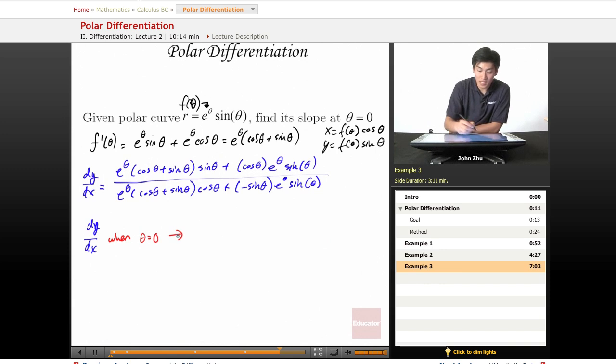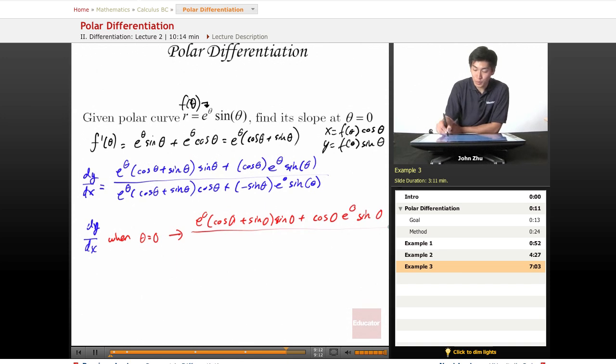So when theta equals 0, we just go ahead and plug in 0 for all of these expressions, plus cosine of 0, e to the 0, sine of 0.